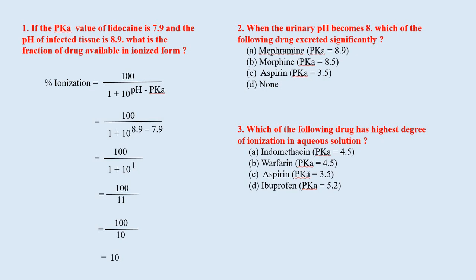Practically it does not happen because we take aspirin with water, that is an exception. But if we go with the theoretical formula, then in this case aspirin is the drug having the highest degree of ionization in aqueous solution.